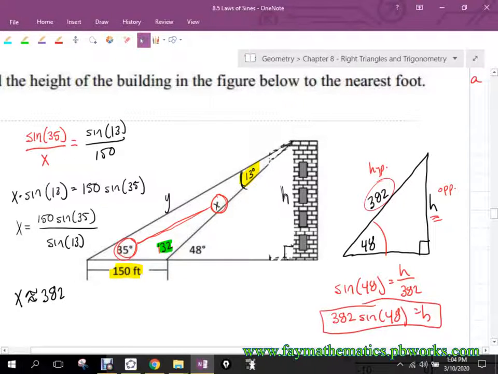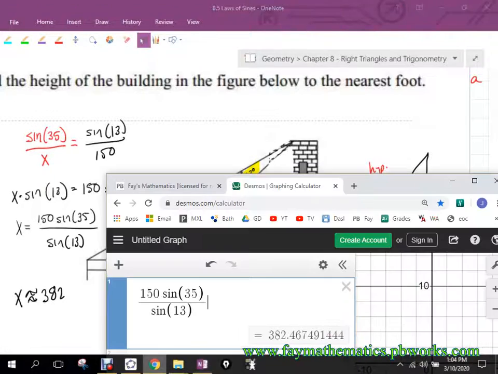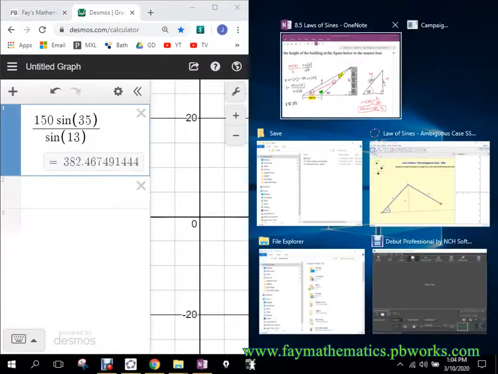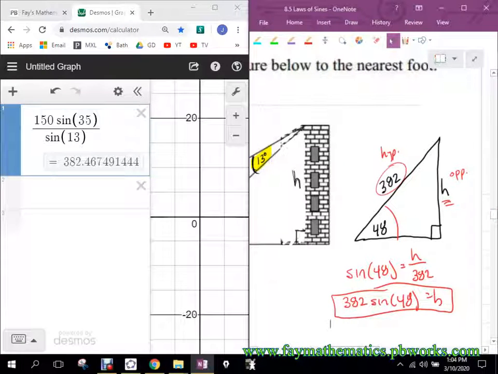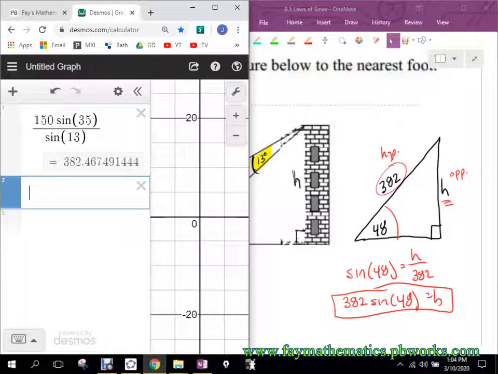Okay. So let's talk about this. Let's do a little bit of analysis with our calculator here. Let's find the exact answer. Now, I know it says the nearest foot and all that kind of stuff, but let's find the exact answer without calculator rounding. I could take that number right there, cut and paste it, or just retype it, and then type sine of 48, correct? That make sense?